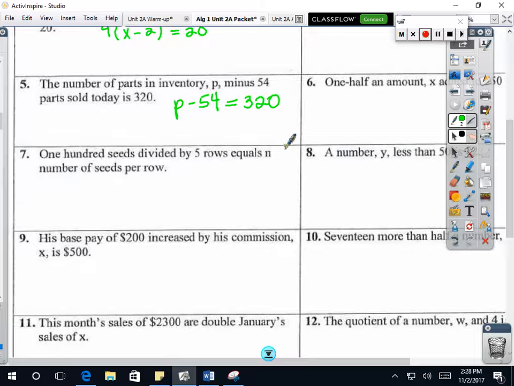No, that's how many were there at the end of the day. How many were there at the beginning of the day before 54 were sold? 374. Because you add the 54. Yeah, you would add the 54 to get P by itself.